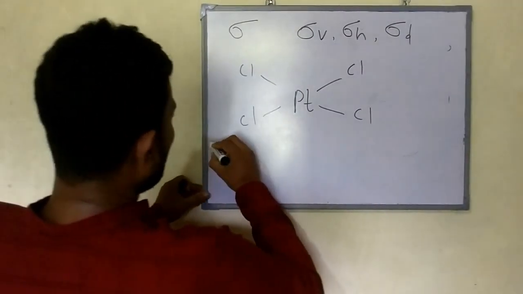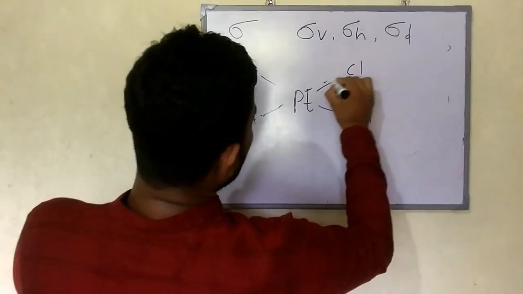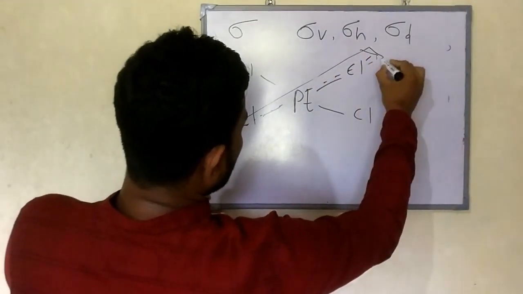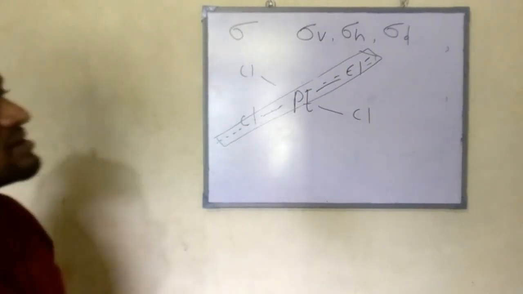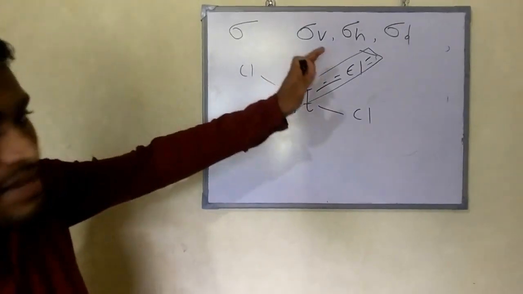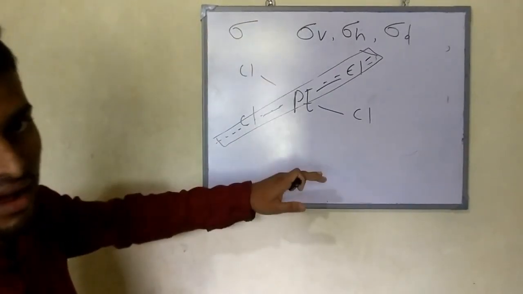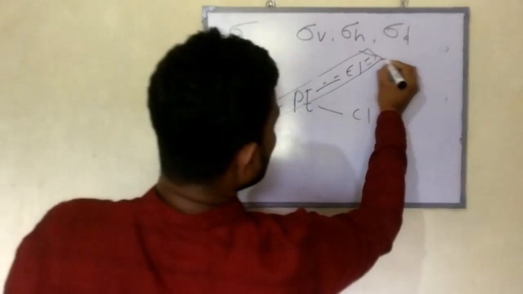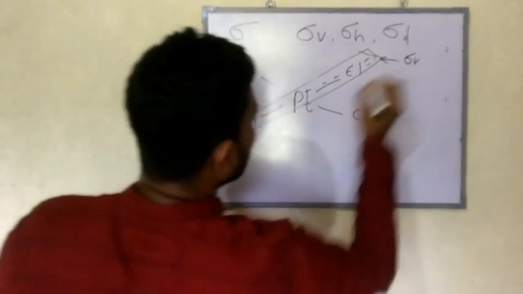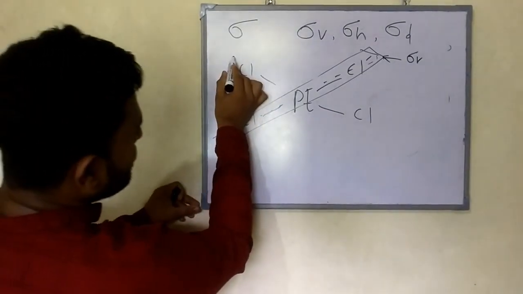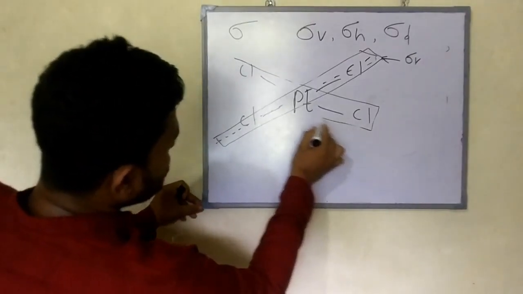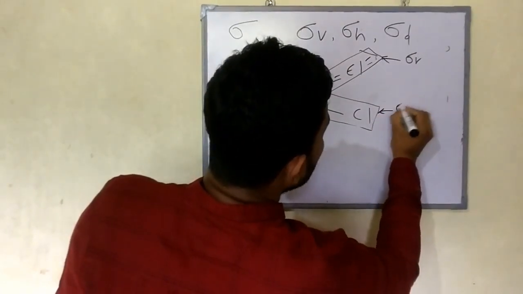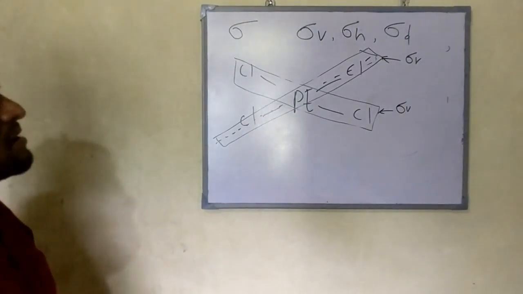Here, if you put a mirror plane on this axis, you can separate the molecule into two halves. That is a mirror image. So this will be the sigma v. Same like that, this axis also gives a mirror image similar to this one. This is also sigma v.